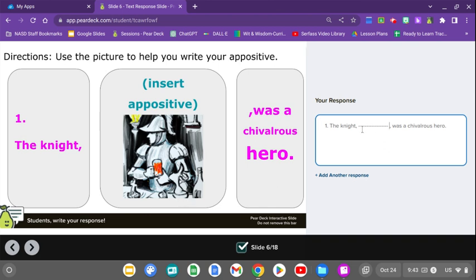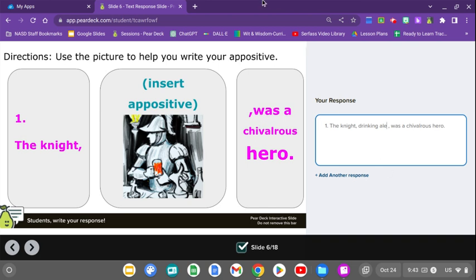Oh, I know. The knight blank was a chivalrous hero. I can add this information that goes with the picture. The knight drinking ale was a chivalrous hero. I get this little extra bit of information here, and I have the subject, the knight, and I have my predicate was a chivalrous hero.